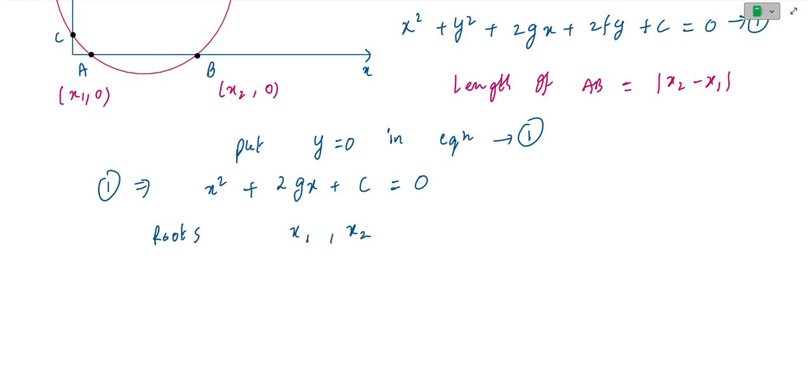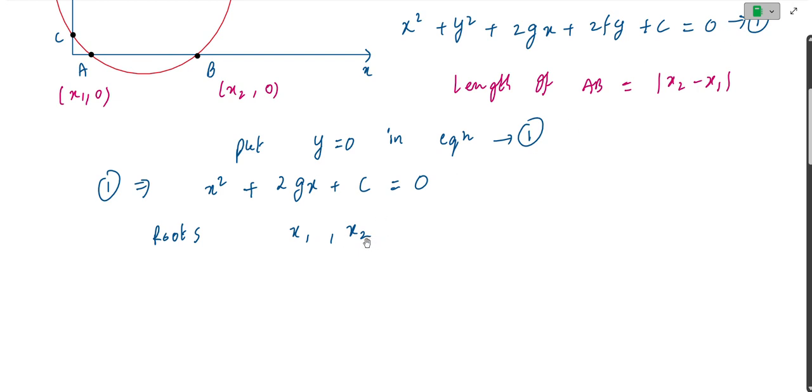If I substitute x1 comma 0 into this equation, it is going to satisfy equation 1. Why? Because this point A, x1 comma 0, lies on this circle, so the coordinates of A should satisfy the equation of the circle.